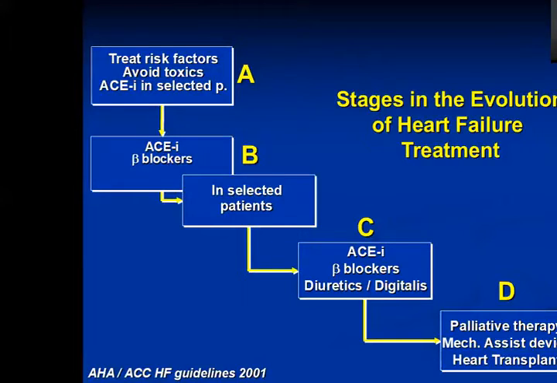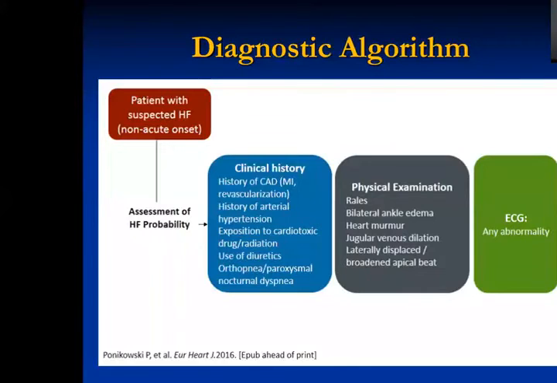Stage D: you may need a lot of palliative measures, heart transplant, assist devices and all that. So it's very important to keep the pace of progression very low. With conventional medication, you should be able to take care of your patient.